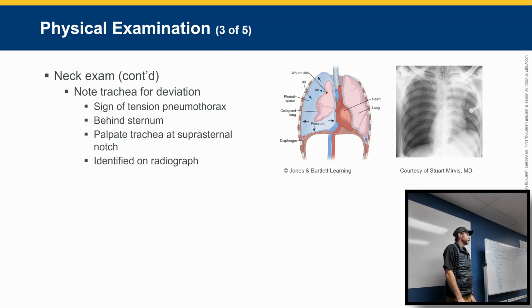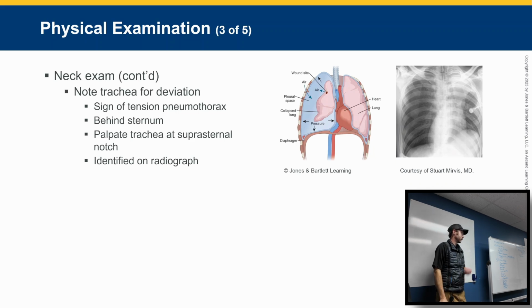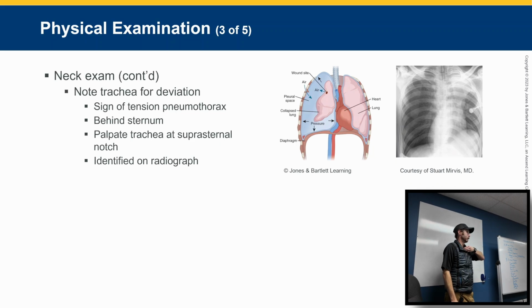You will not see tracheal deviation until that entire side of the chest is already filled with air. As you see over here, see how much air is already in this side of the chest? That is when you'll start to see tracheal deviation. And if you'll notice, it is still not all that obvious. It's kind of twisted here.